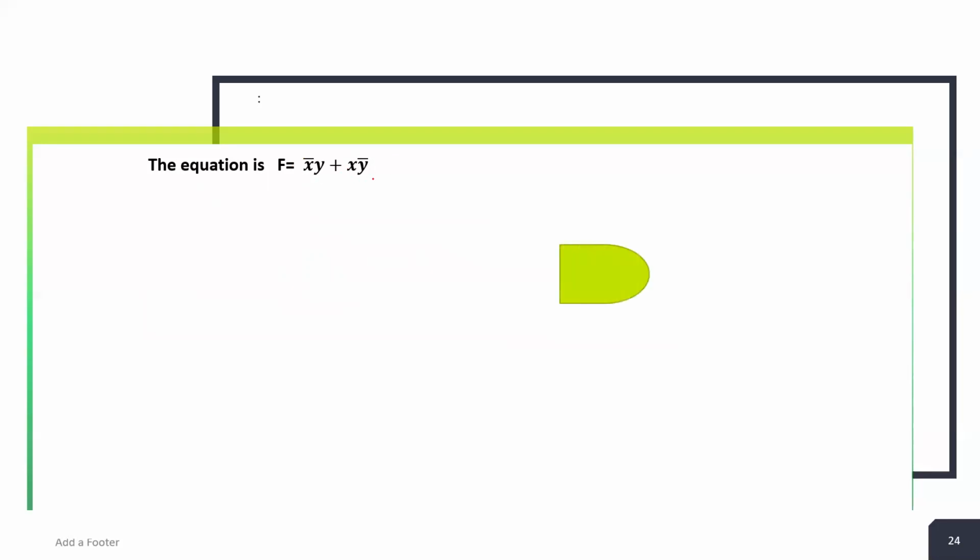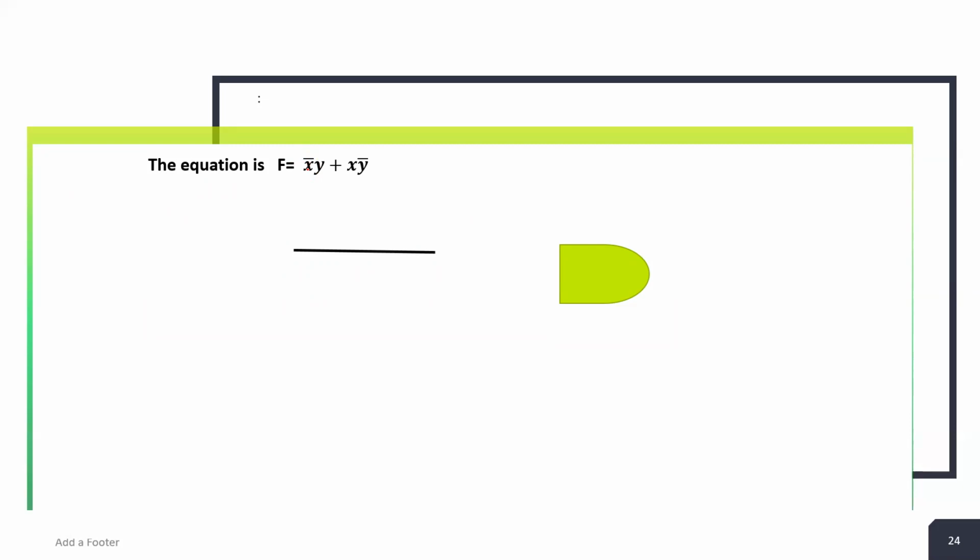Draw the symbol of an AND gate. Okay, the X is not a simple X value, because this bar indicates that this is the complement of X.